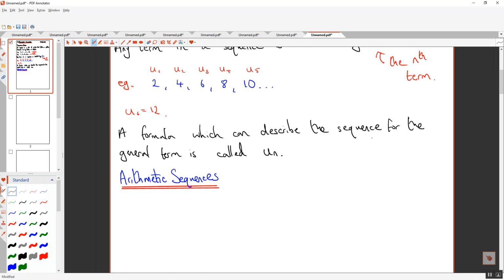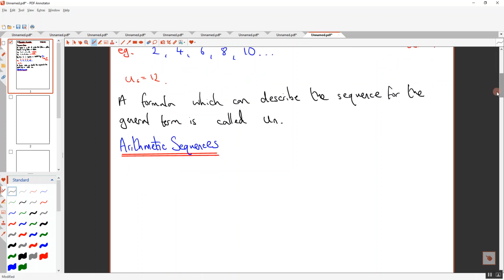I'm just trying to make her lines equal. I just like two columns for the two types of sequences. I'm just going to do arithmetic first.